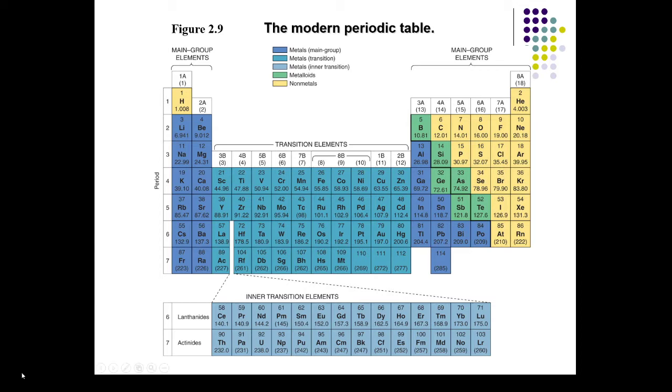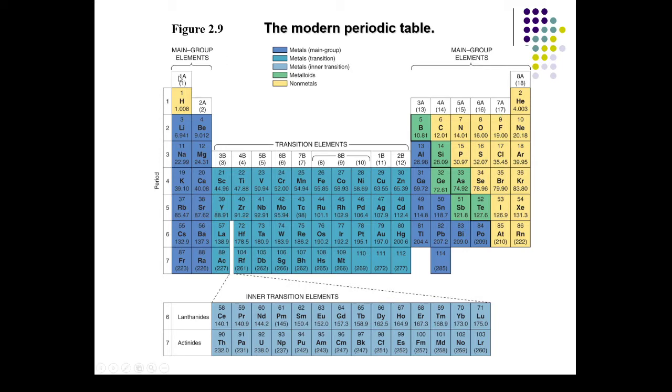Other things I want to point out. There's something known as the main group elements. They are the ones that are sticking up: 1, 2, 13 through 18. Now, you'll see new numbering and old numbering. The new numbering is in the parentheses, and since that's the new accepted way, that's what I'm going to be referring to.